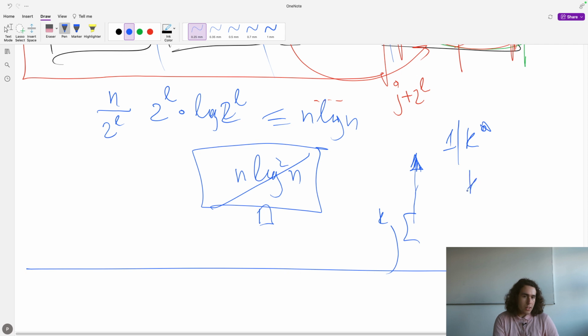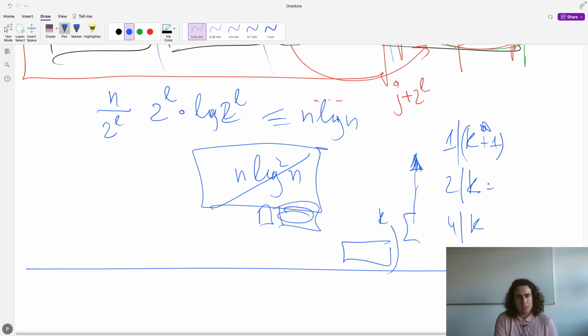If k is divisible by 2, we multiply the last 2 elements here with the last 2 elements here. If k is divisible by 4, not k, but k plus 1, right? If k plus 1 is divisible by 4, I take the next block of size 4 in A, and I multiply it by a block of 4 here, and so on.